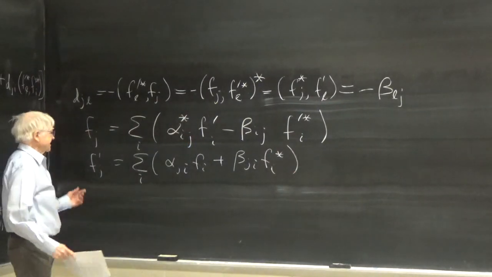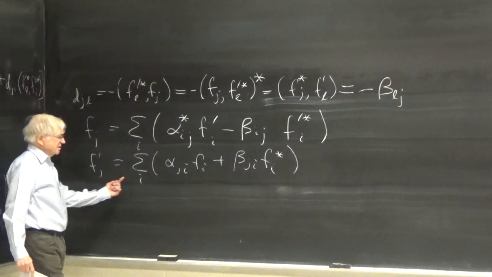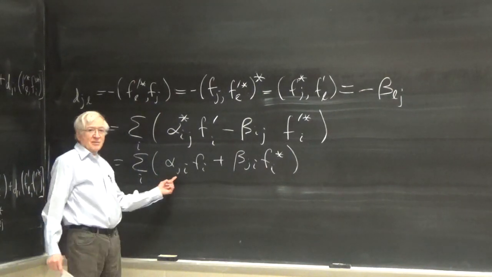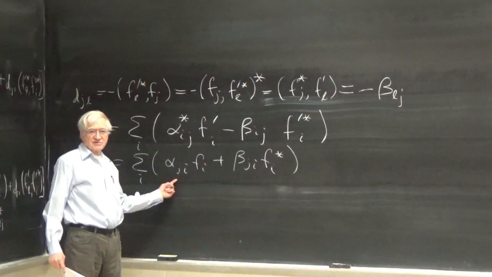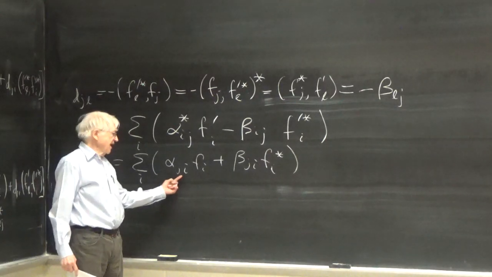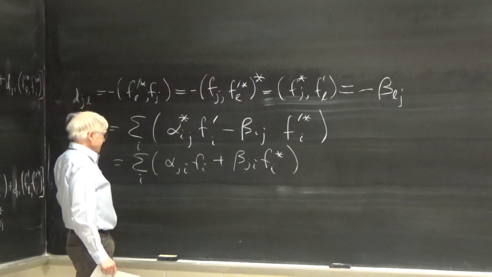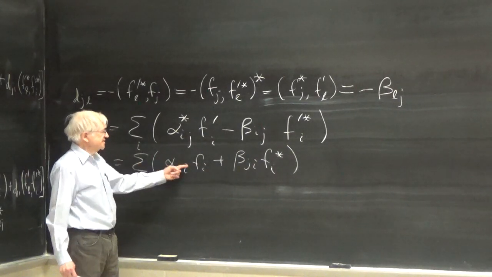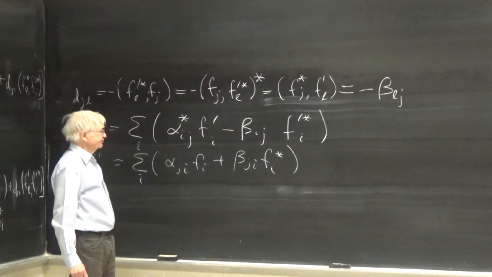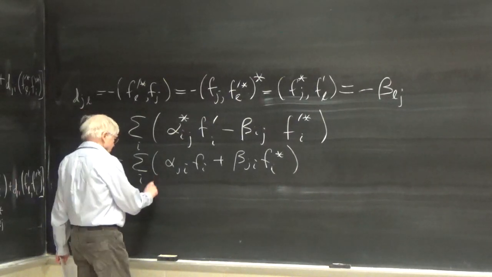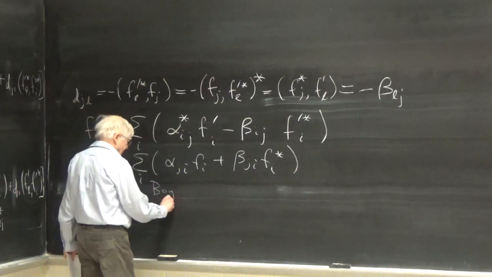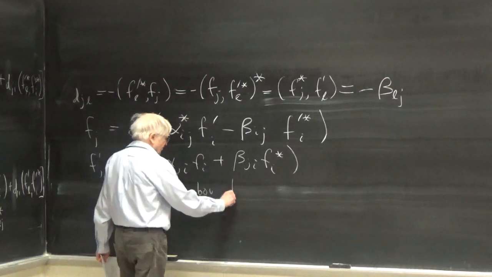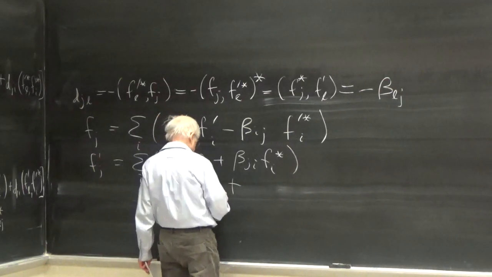Okay, and if we write the indices down in this order, we see that there's nothing diabolical about the choice of the order of the indices. Ji is quite natural for the expansion of the primed solutions in terms of the unprimed solutions. And these, of course, are called Bogoliubov transformations.